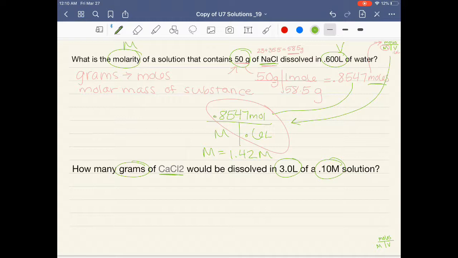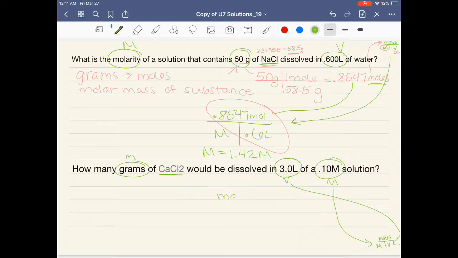So we have grams, which is our mass, we have liters, which is a volume, and then we have our molarity. So when we go to plug that into our equation, I have molarity, I have volume, so then I can solve for moles.